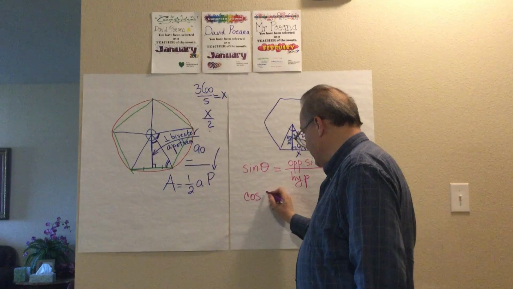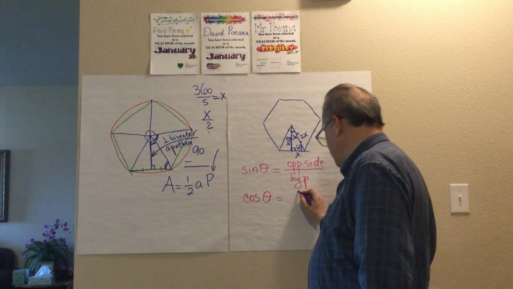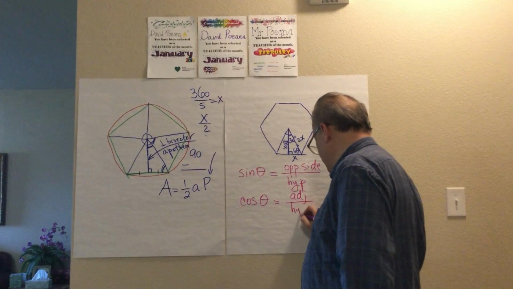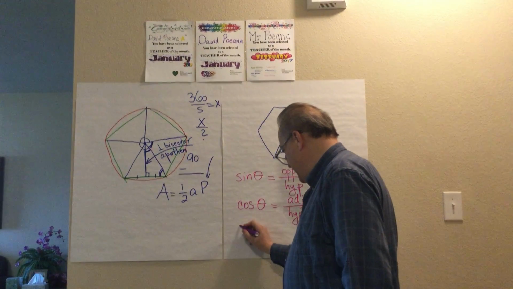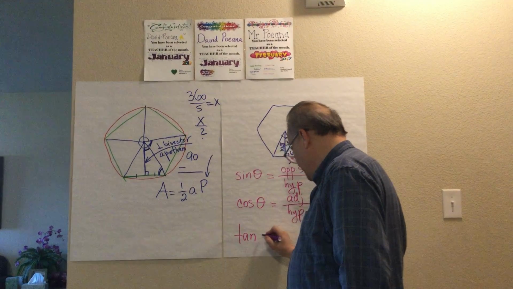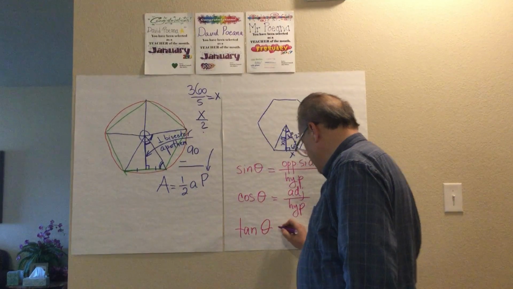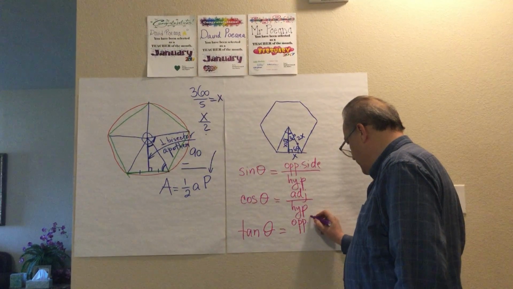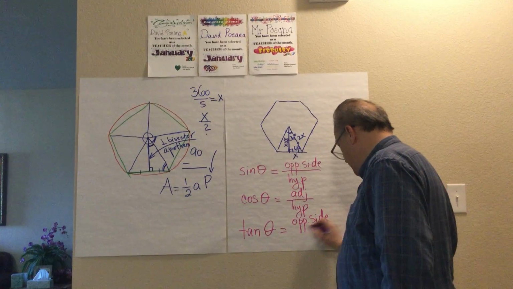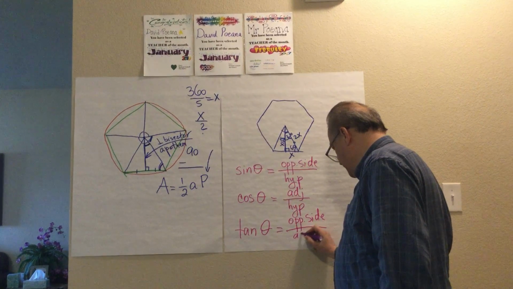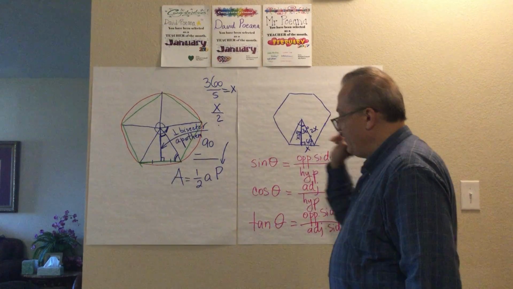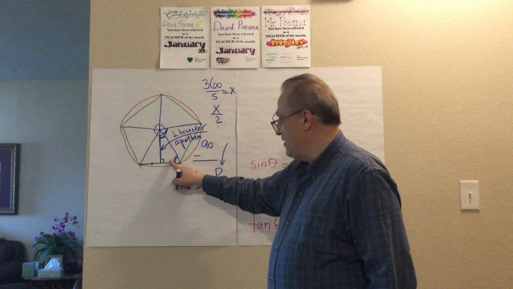Cosine of an angle is equal to the adjacent side over the hypotenuse. Then tangent of an angle would be equal to the opposite side over the adjacent side. That's what I need to use here.